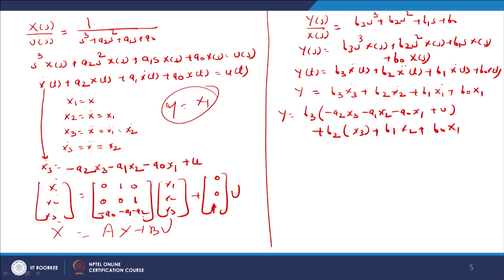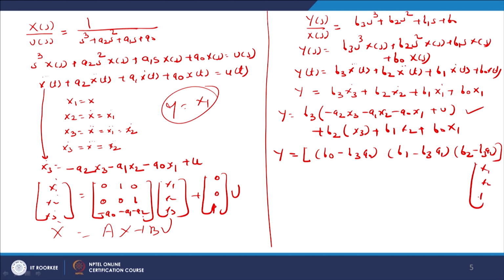Now, we solve these equations, and after solving we will get y equals b naught minus b3 into a naught, b1 minus b3 into a1, and b2 minus b3 into a2, this bracket completed, times x1, x2, x3, plus b3 into u.